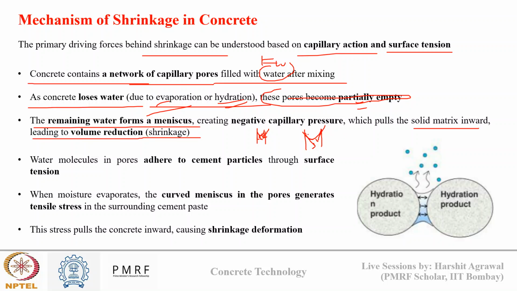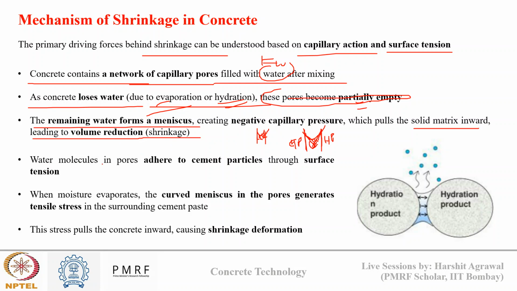This is the meniscus, and this is the negative capillary force acting on the surface, and this surface is nothing but the cement paste, cement grain or a hydrated product. So it is causing some inward force which can result in shrinkage.